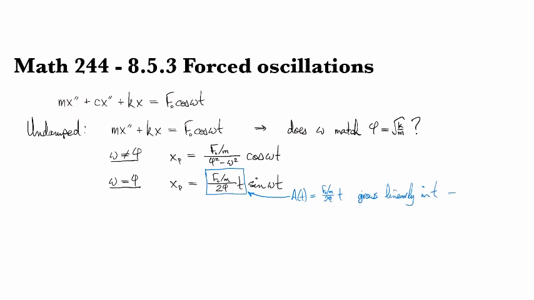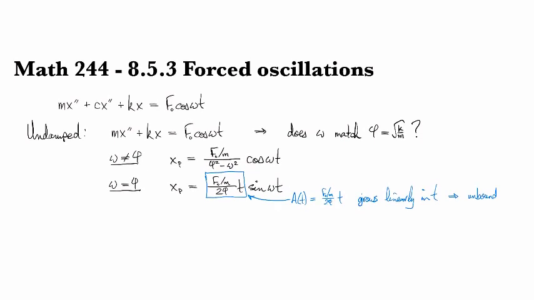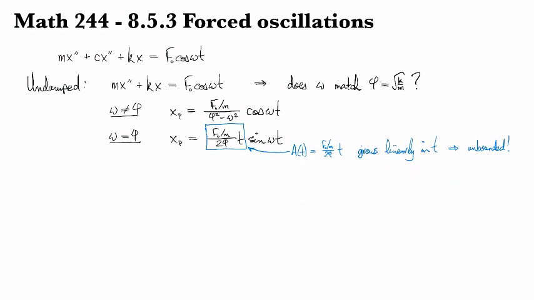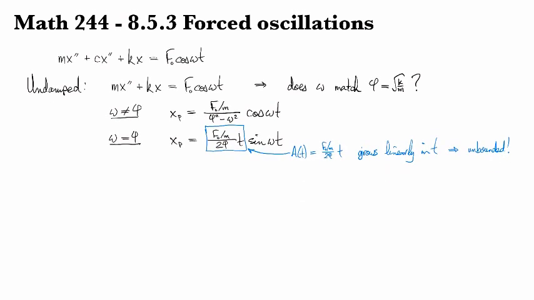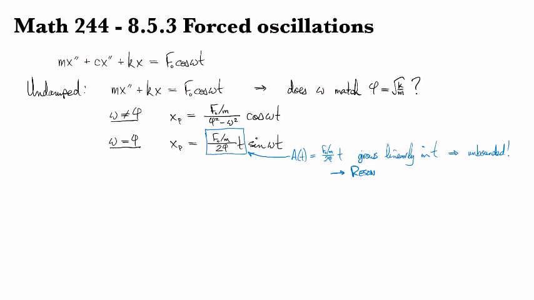It grows linear in t, and so it is going to be unbounded. Okay, and so this is indicating resonance.